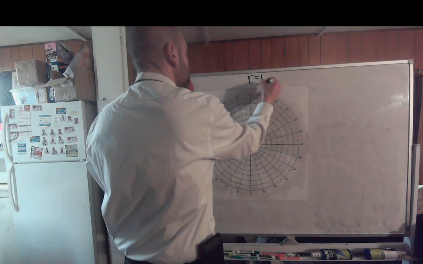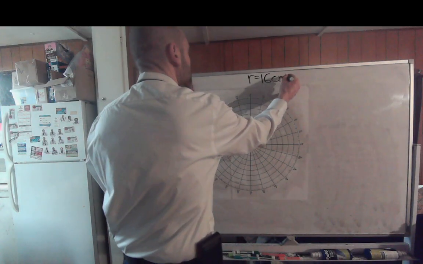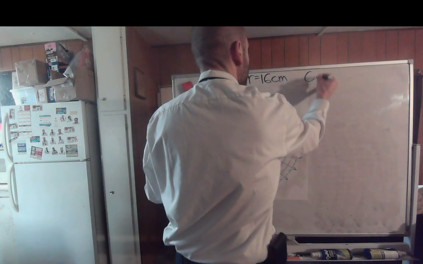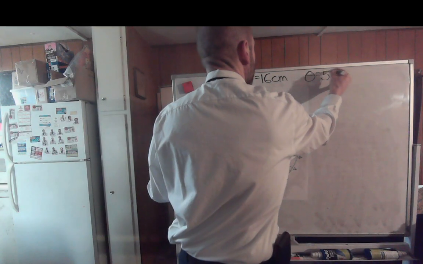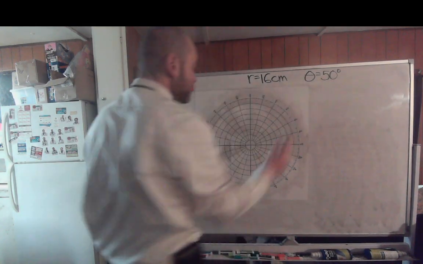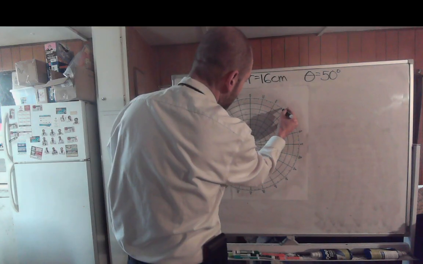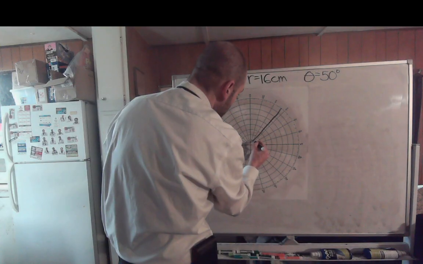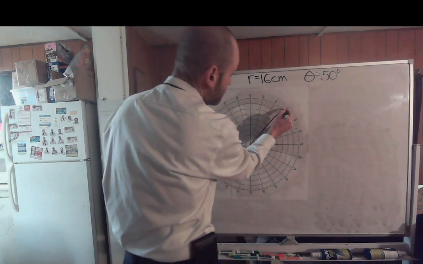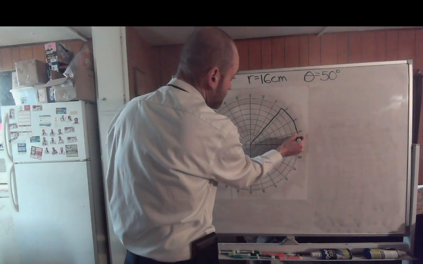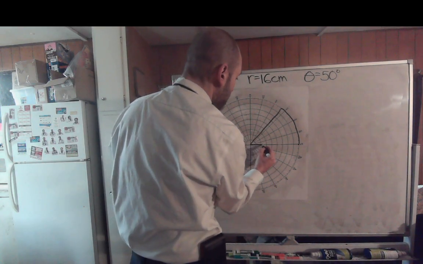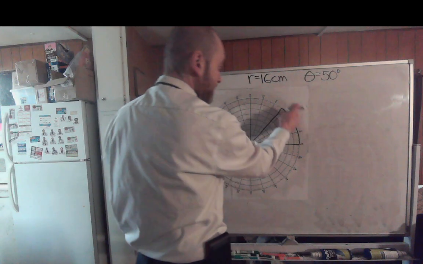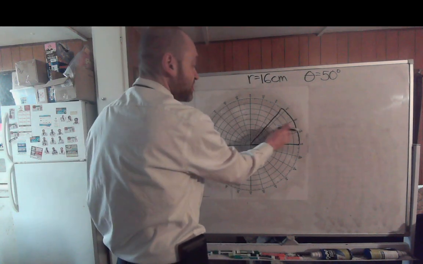Radius equals 16 centimeters. This is a lot tamer. My theta equals 50 degrees, which would put that right here. So I'm only going to find this arc length, only the arc length of this region in this sector.